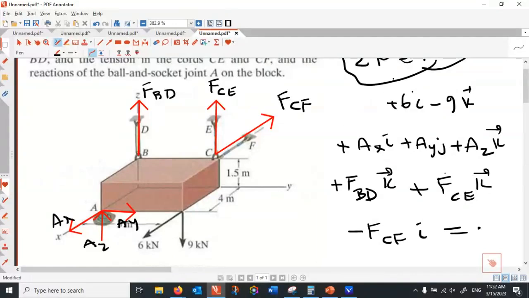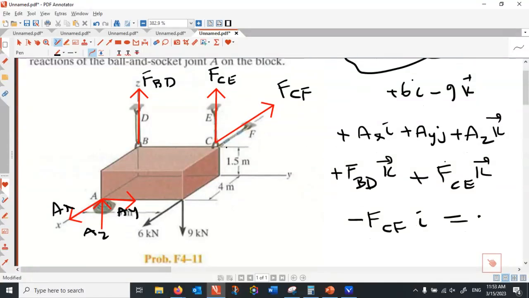I need to find out that net force, and then I need a rotation equation. That rotation equation, I can take rotation with respect to one particular point. So let's take rotation with respect to the center of the coordinate system.